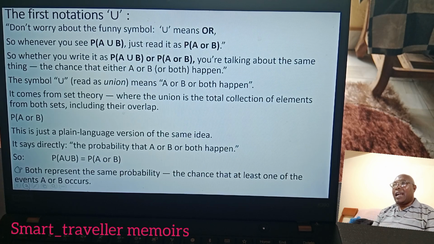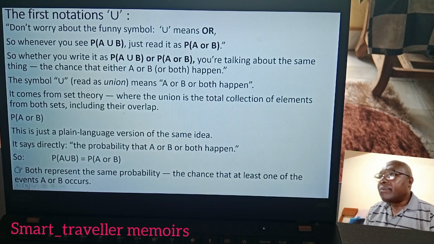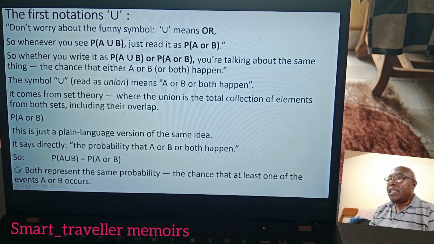From now on, we inform you that the symbol capital U is read as union. And it means A or B or both happen. So whenever you see P(A union B), just read it as P(A or B).